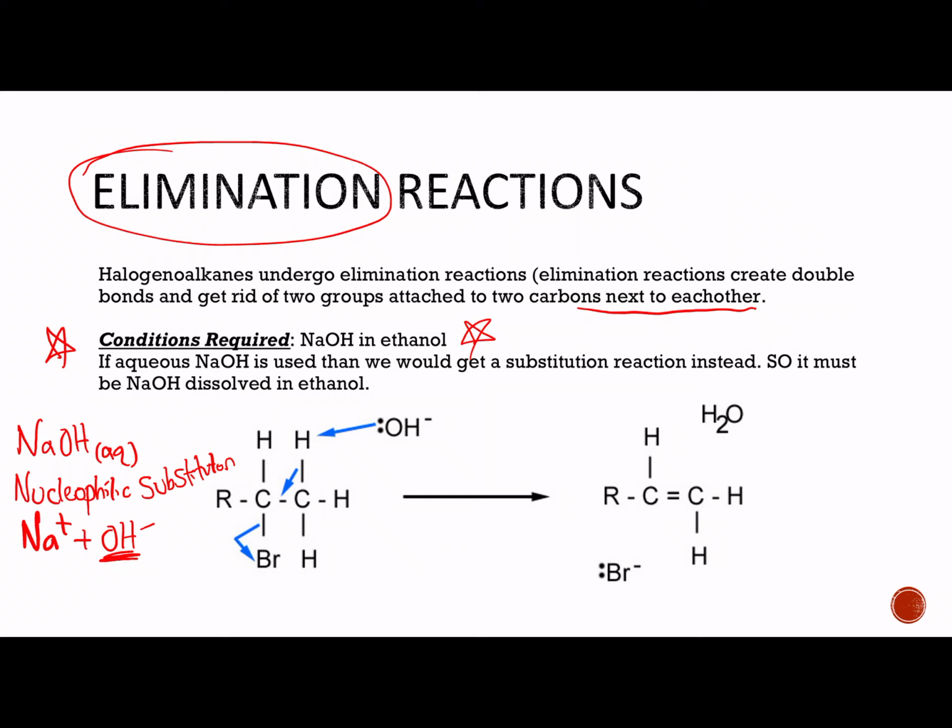So therefore you have this strong nucleophile, and you can do that nucleophilic substitution pretty easily. When you have NaOH in ethanol, so sometimes you'll see it called alcohol, or you'll just see it called ethanol, what happens instead of the regular nucleophilic substitution is an elimination.